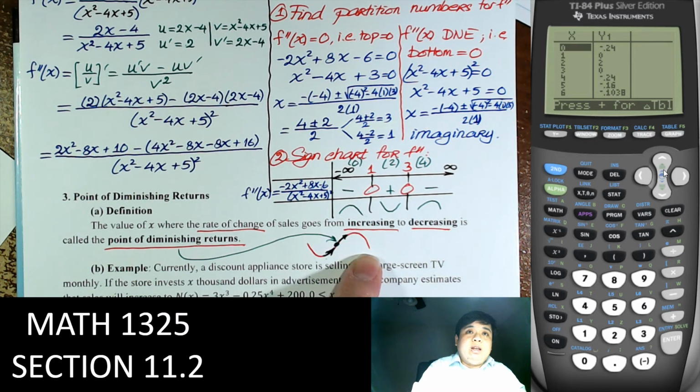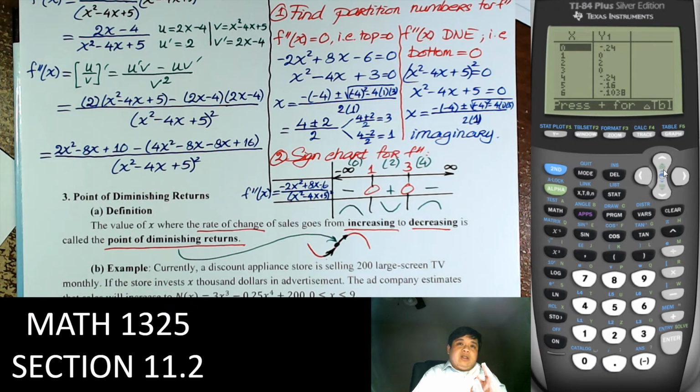So with the point of diminishing return, we always want to be very close to it on the left-hand side, because that is where the rate of change is increasing at the highest. And in sales or in business, we want the rate of change to increase at the highest. Right?